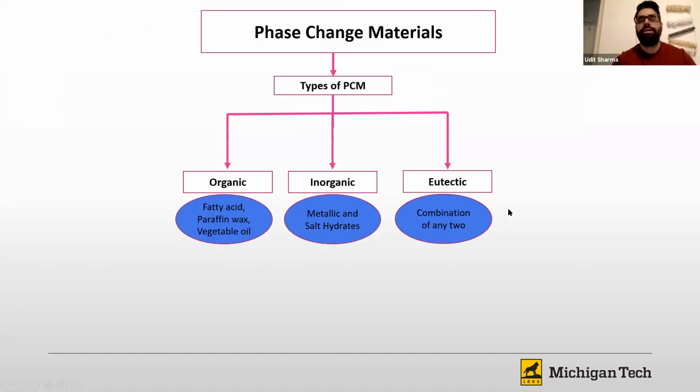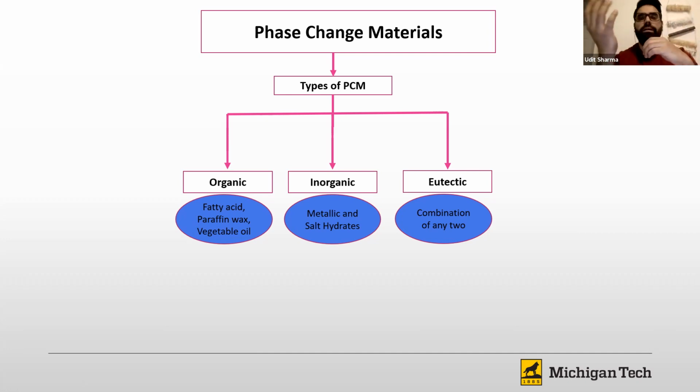So, phase change material types. There are basically three types of phase change materials. One is organic, another is inorganic, and the third is eutectic. Organic phase change materials are the ones that are directly in the form of fatty acids, paraffin wax, and vegetable oil. The ones that you make by a combination of different ingredients are not considered organic. Those will be inorganic.